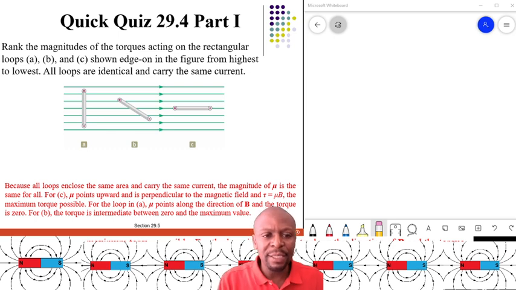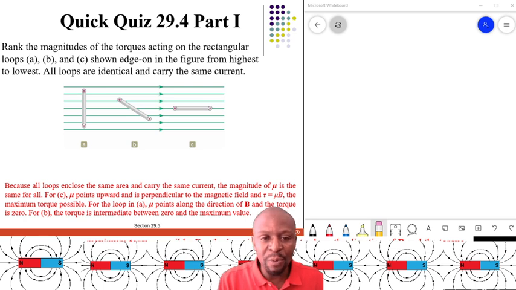Now, in this case, because the loops are carrying the same current, the magnitude of the magnetic moment is the same for all, because the magnitude of the magnetic dipole moment is just IA. If I is the same and the area is the same, therefore it must be the same.